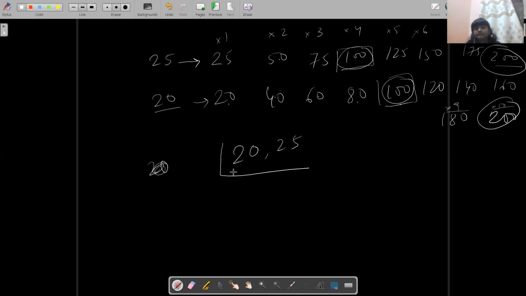Just see the mechanical form. So right now, this 20 and this 25, I have to divide them with something, like in the HCF part. Same way, you have to take a number, divide these two numbers, and write it. 2 does not divide 20 and 25, right? 3 also does not. 5 divides both, giving 4 and 5.